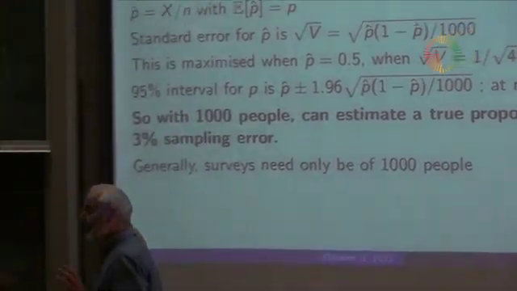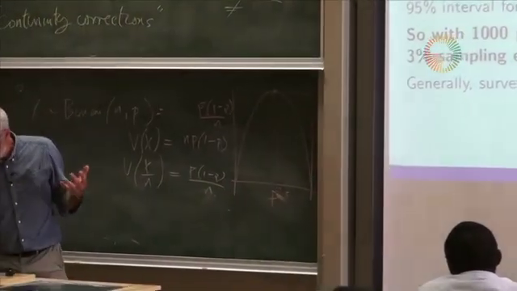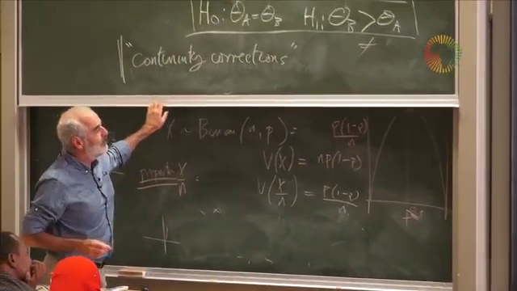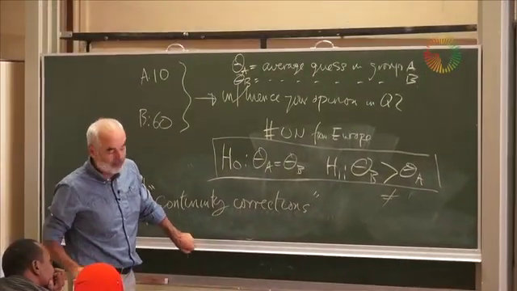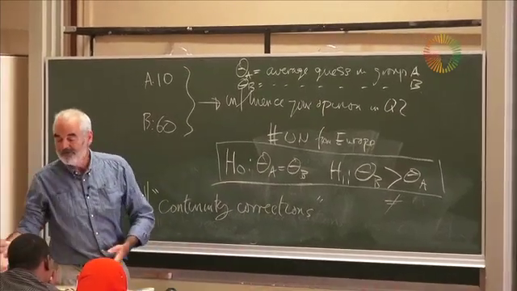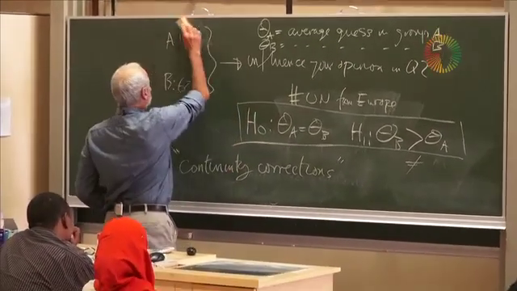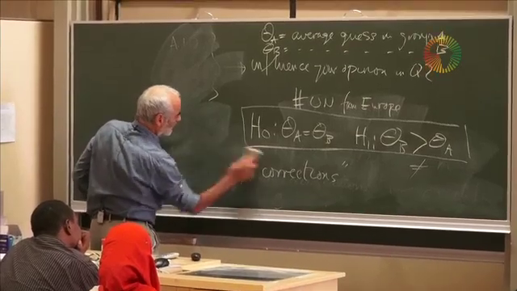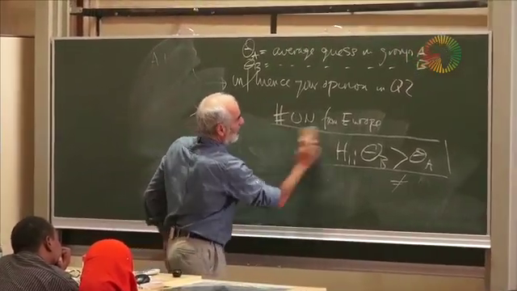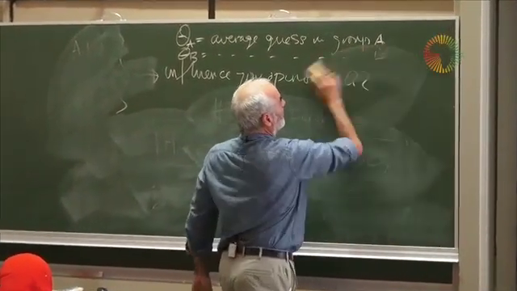3%. That means, it's a wonderful result, it's really neat, that if you ask 1,000 people, you should always get the result within 3%, or nearly always get the result within 3%. However big the proportion is that you're estimating.